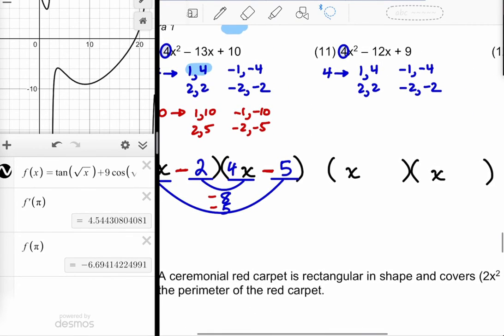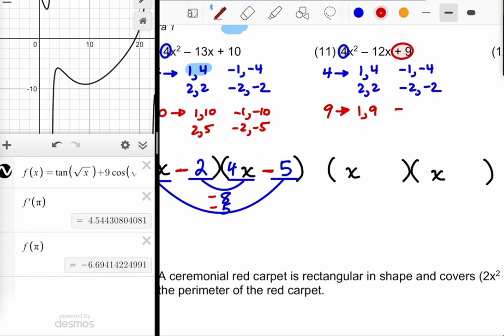Then for the 9, it could be 1 and 9, it could be 3 and 3, positive, negatives, a lot of stuff going on there. So for the 9, again, 1 and 9, negative 1, negative 9, 3 and 3, negative 3, negative 3.